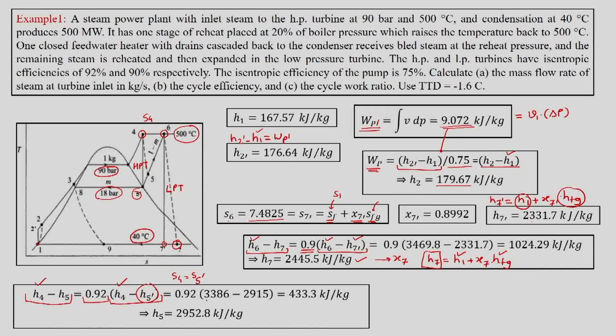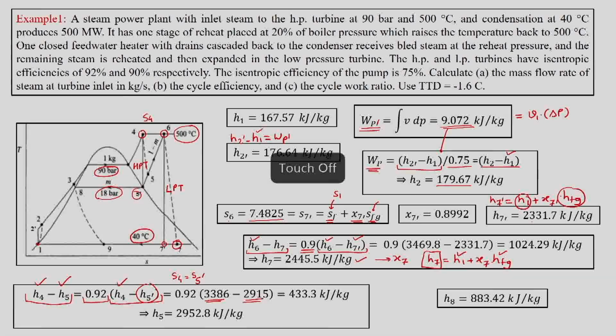We will pick up that enthalpy, and that enthalpy is H5 dash. So H5 dash is known to us, H4 is known to us, and from that we can find out H5. Similarly, H8 is the saturation liquid enthalpy at 18 bar pressure.